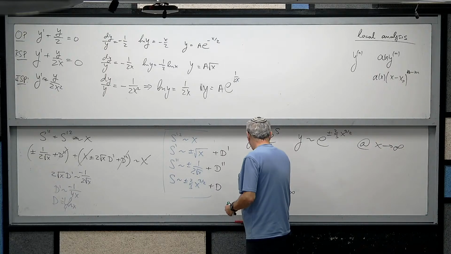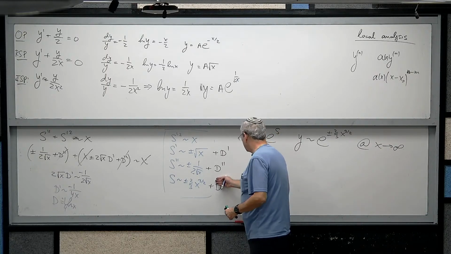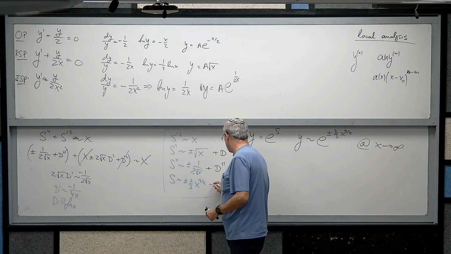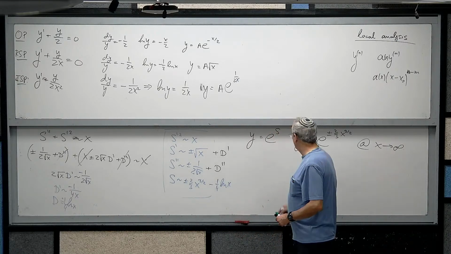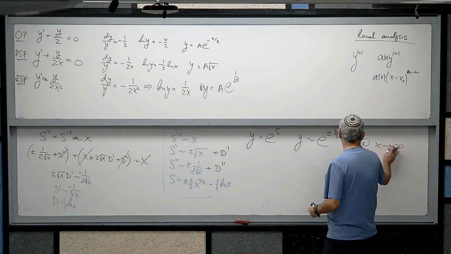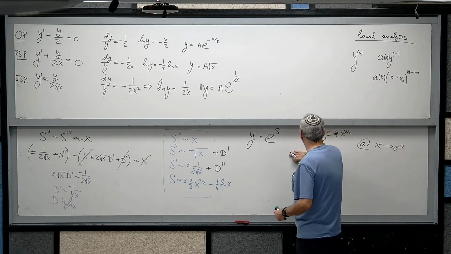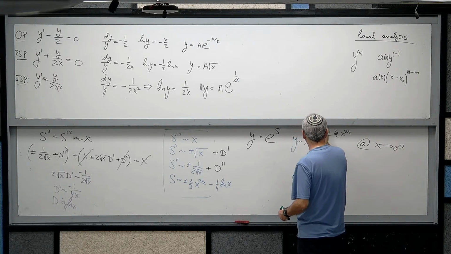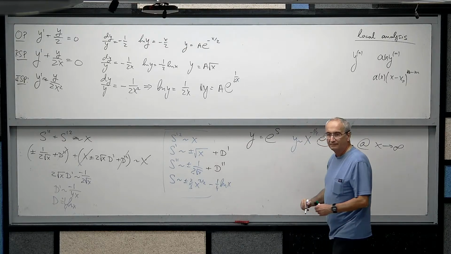Okay? So what I have here is that S is plus minus Z plus minus 1/4 ln x. And if we plug it here, we find that as x goes to infinity, y is proportional to x to the minus 1/4 times x.